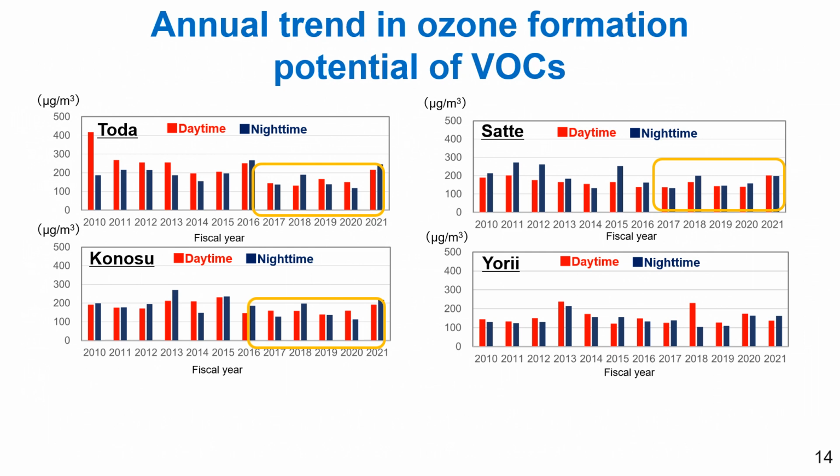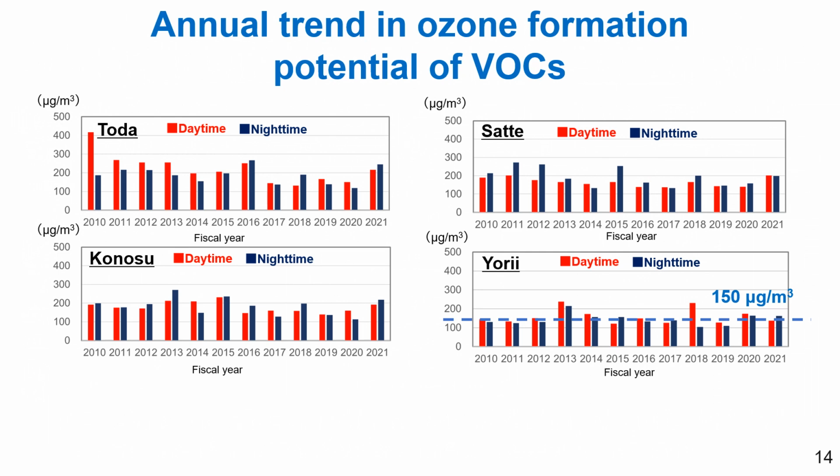Additionally, in recent years, there have been many instances where nighttime ozone formation potential is higher. On the other hand, Yori has shown little fluctuation, with levels hovering around 150 micrograms per cubic meter.